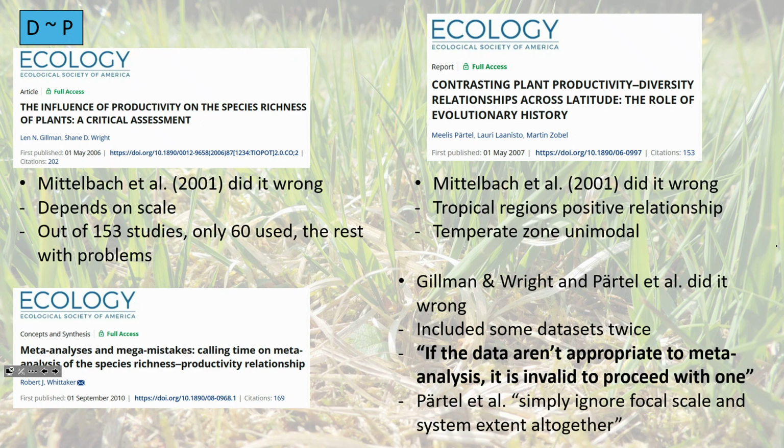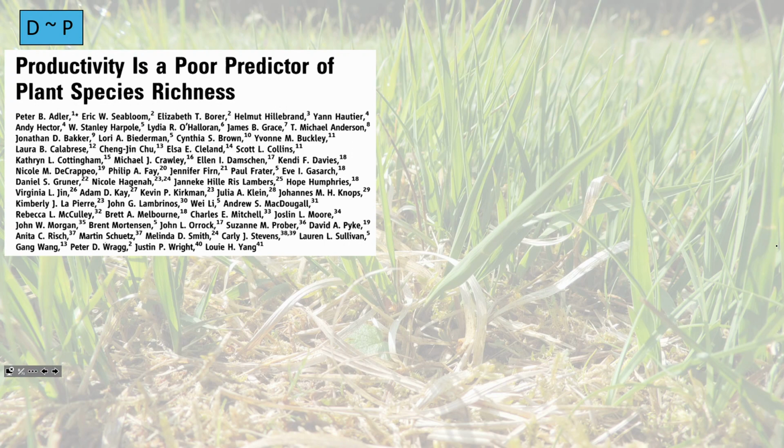There was, again, Robert Whittaker criticizing basically all of the previous critiques of the original paper, saying Gilman and Wright did it wrong, and Partle et al. did it wrong because they included some data sets twice. His conclusion was, if the data aren't appropriate for meta-analysis, it's invalid to proceed with one.